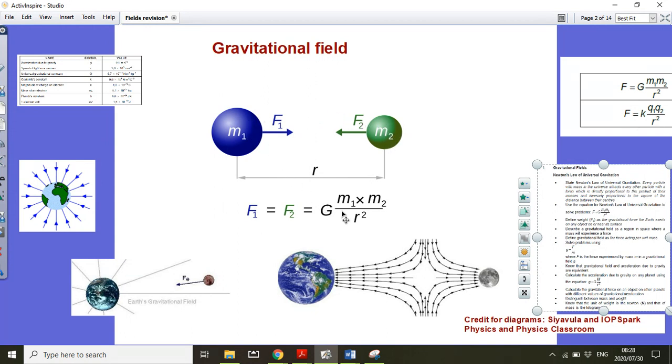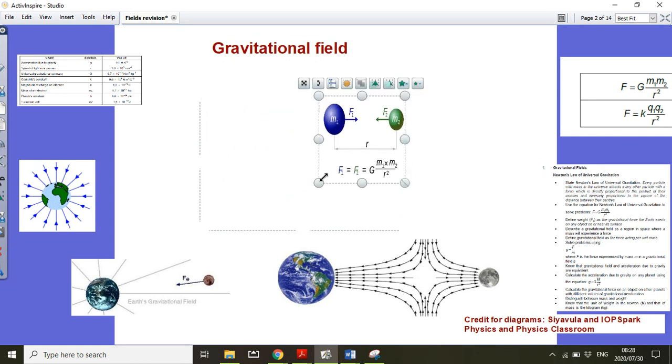So when you look at your information sheet and the question is asking for force, highlight force, because then you know there are going to be two masses, because it's a force between two things. It also helps you to describe the law: the force between these two masses is directly proportional, so you go to the top of the line, to the product, there's a multiplication sign, to the product of the two masses, and inversely proportional to the distance between them squared.